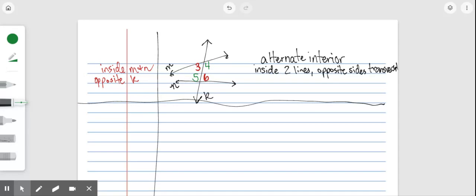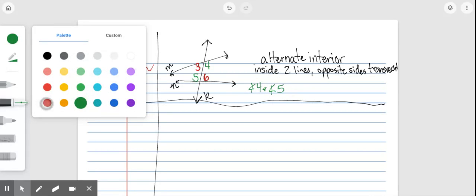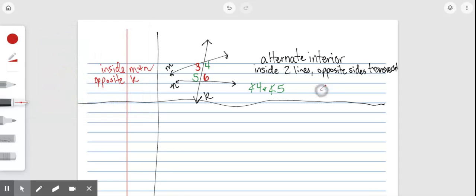Notice, again, they're on opposite sides of line K and inside lines M and N. So angle 4 and angle 5, and also angles 3 and 6.